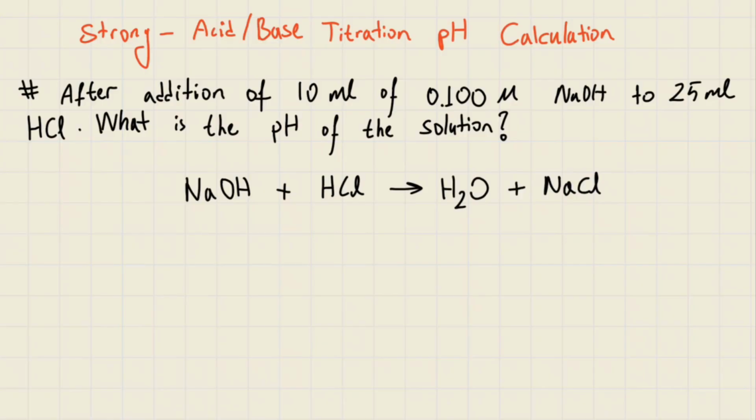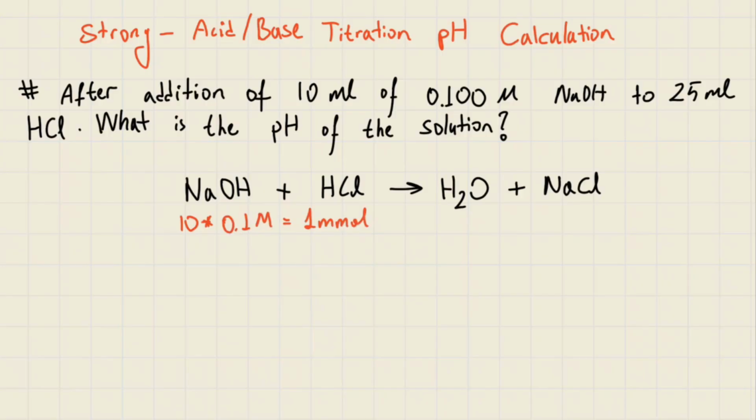So here I want to use the mole amounts of both of them, since mole is the most useful thing here. So we have 10 milliliter of sodium hydroxide, and if I multiply it with 0.1 molar, I will obtain 1 millimole of sodium hydroxide.